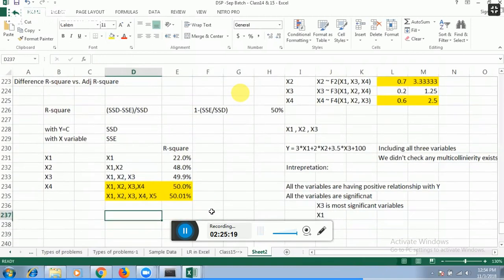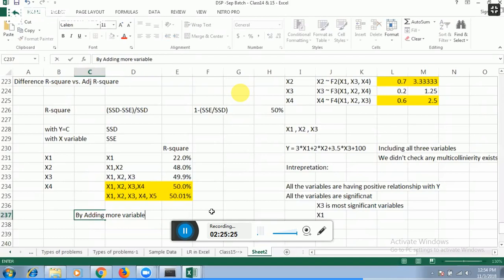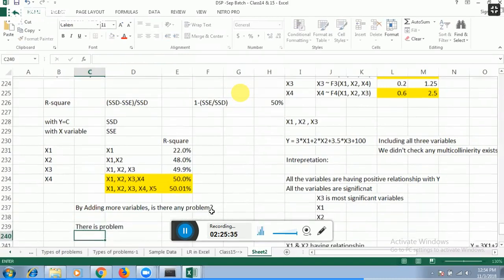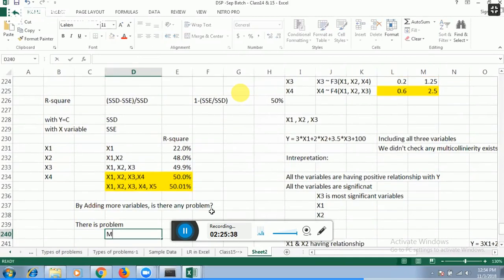Now, by adding more variables, what is the problem? Is there any problem? Of course, there is a problem. The problem is the model complexity increases.